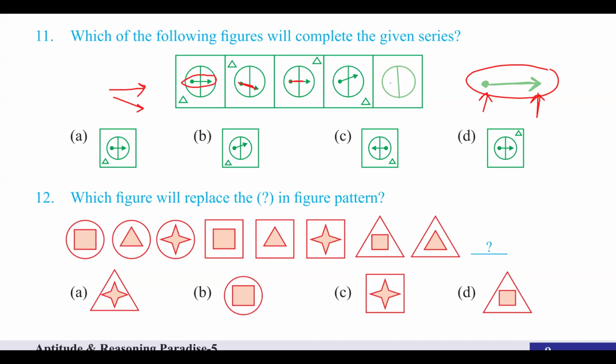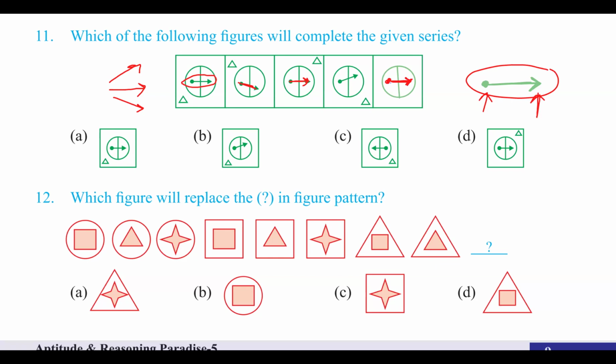Then again in the third one, it went east, and then in the fourth one, it went southeast. So what pattern is it following? Down and up, down and up. So that means the next should be the east direction again. Correct, Inaya? Got it? Yes, ma'am.